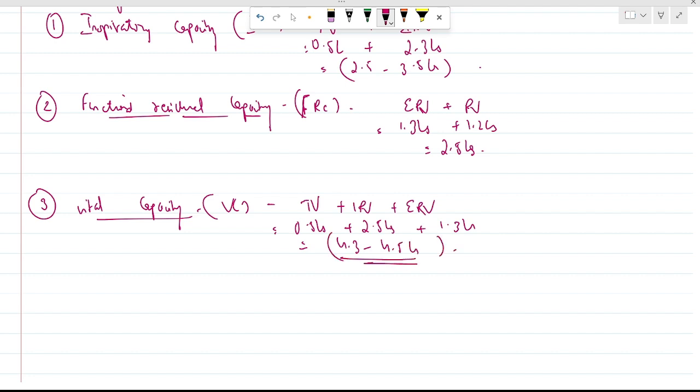That is our vital capacity. We can also say it is nearly 4 liters.